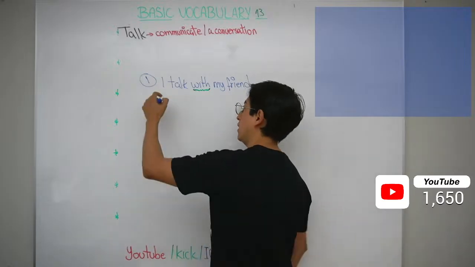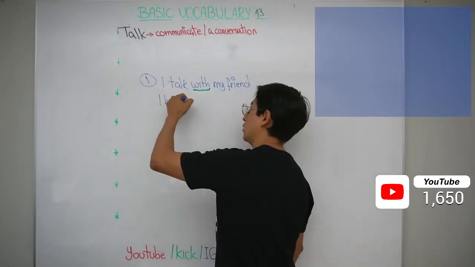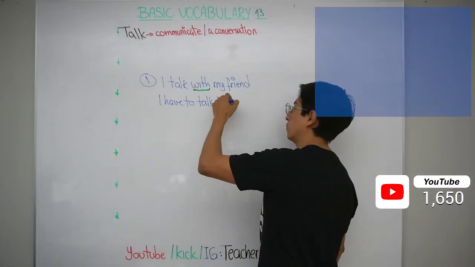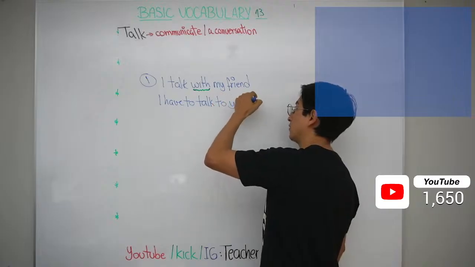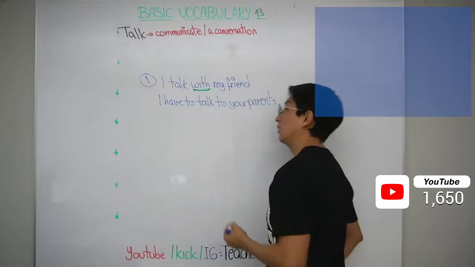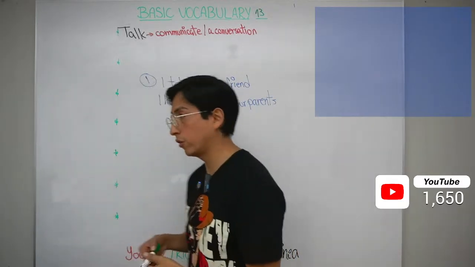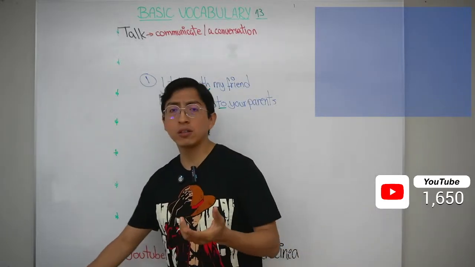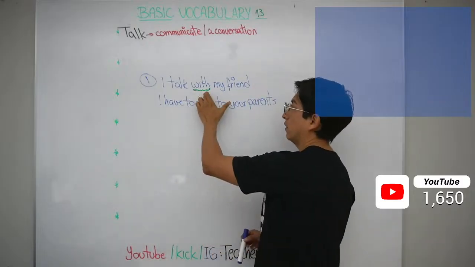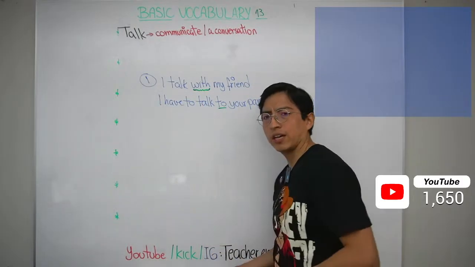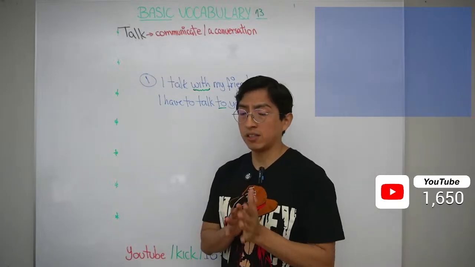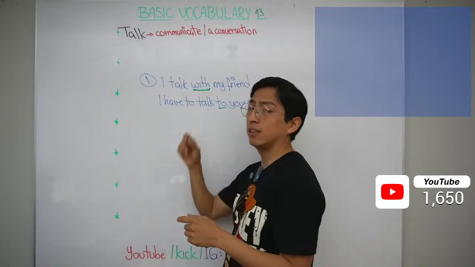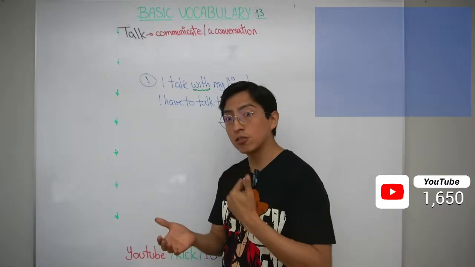But we can also say, I have to talk to your parents. Look at that. Now we're gonna use this other word, to. Now, guys, what is the difference between talk with and talk to? Can I use them at the same time? Sometimes. The difference here is that in the first case, we're talking about interaction.